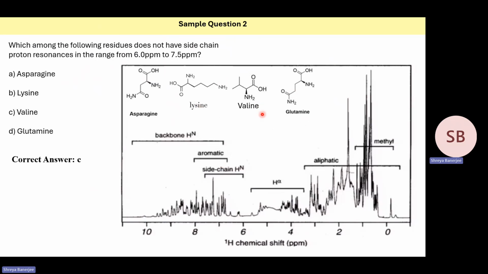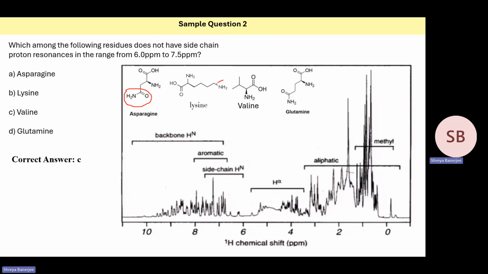Now, we will look at the side chain proton resonances. We are only looking at the side chain right now. So asparagine side chain has a CONH2 group.